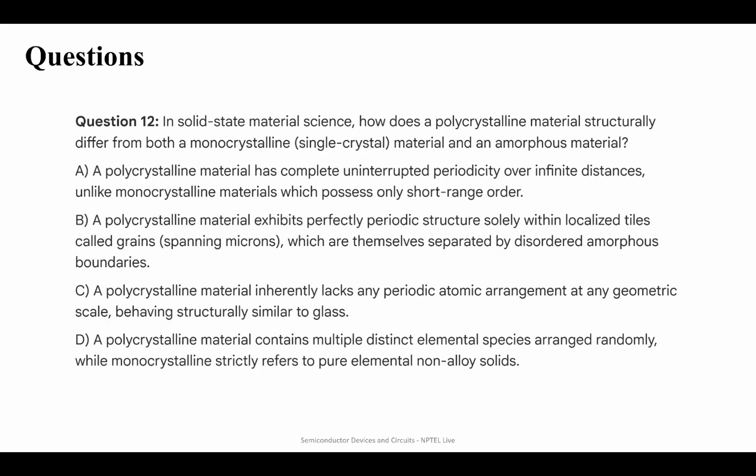Option C. A polycrystalline material inherently lacks any periodic atomic arrangement at any geometric scale, behaving structurally similar to glass. Option D. A polycrystalline material contains multiple distinct elemental species arranged randomly, while monocrystalline strictly refers to pure elemental non-alloy solids.